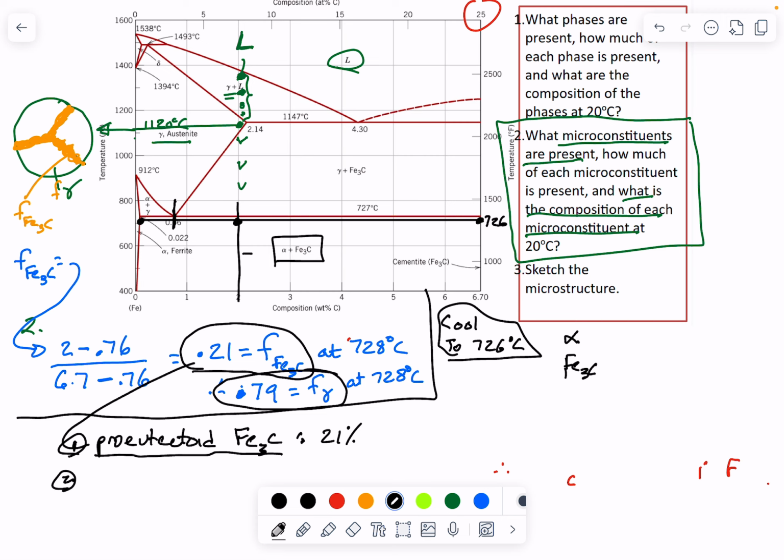Material of that composition turns into pearlite. So we've got 79% pearlite. What is pearlite? It's just a fine mixture of alpha and Fe3C. It's a microstructure.